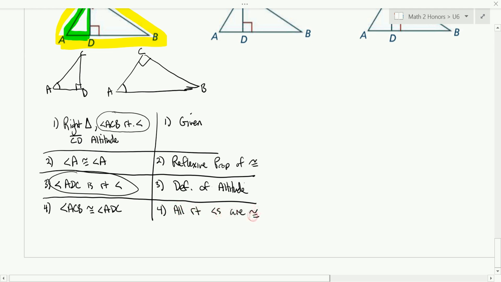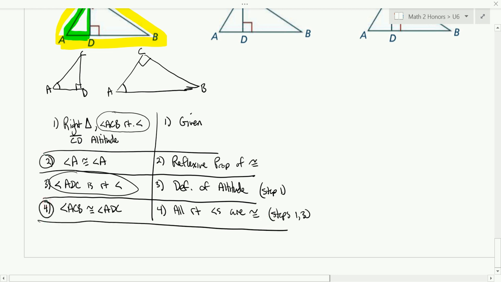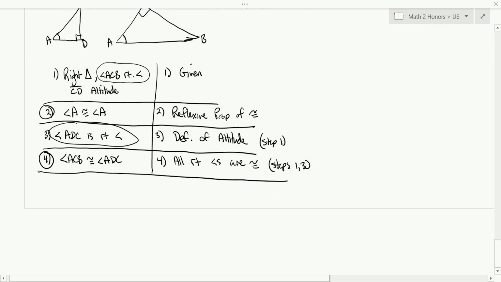Okay, so let me pause here. Step 3 came from step 1. Step 4 came from steps 1 and 3. Okay, so now we have step 2 and step 4 establishing angle, angle. So what can we say?